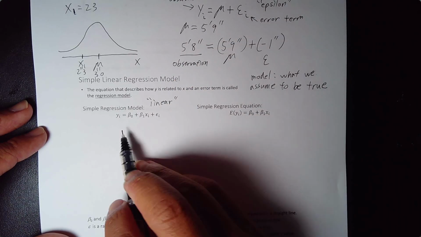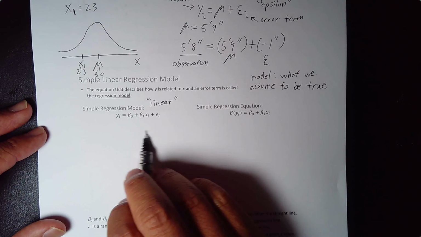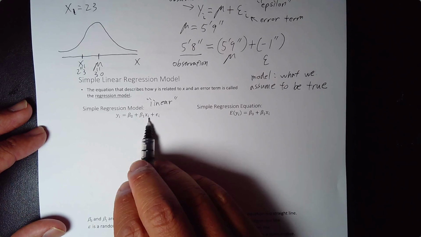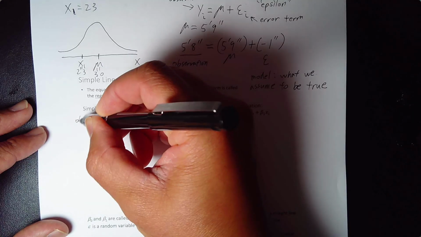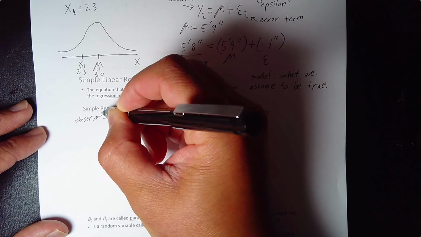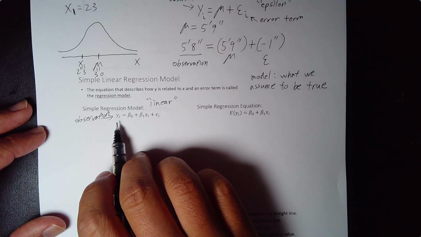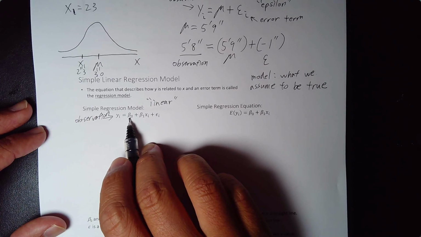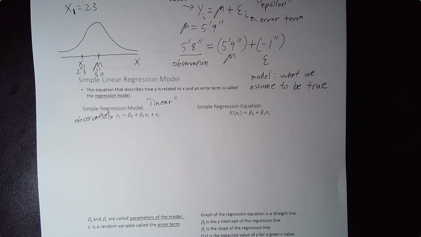We assume that there is a relationship out there between y and x, whatever these two variables are, that can be expressed in this manner. And every observation could be explained in this fashion. So first, let me draw a graph.